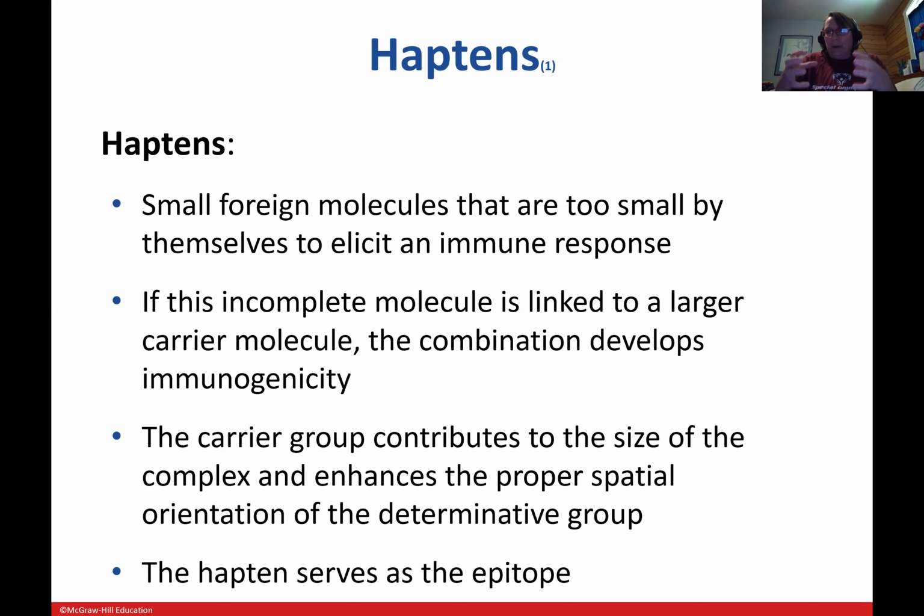So a larger molecule with this immunogenic little thing attached to it is enough to start that immune response. The hapten serves as the epitope, and the carrier serves as the part that will actually get it to the immune system and cause it to wake up.